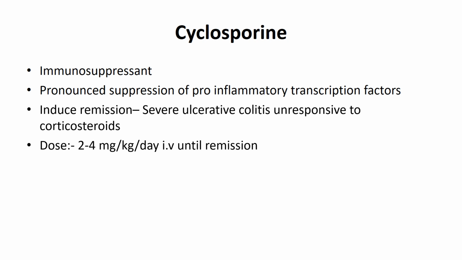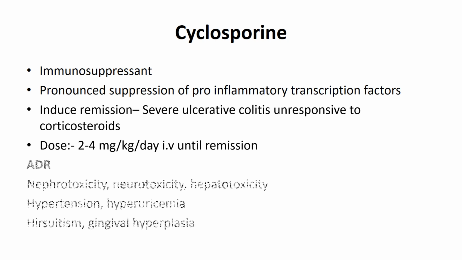The dose is 2 to 4 mg per kg per day IV until remission. Here also there are adverse reactions: nephrotoxicity, neurotoxicity, hepatotoxicity, hypertension, hyperuricemia, and also hirsutism and gingival hyperplasia. These are all common adverse effects of cyclosporine. Cyclosporine is a last resort drug. It can be used only in severe cases which are unresponsive to corticosteroids.